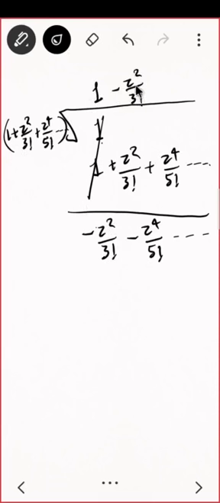If I multiply with this, do you see the first term? The first term will be minus z square upon 3 factorial, and again it will be minus z raised to 4 upon 3 factorial squared, actually 3 factorial into 3 factorial, and so on.